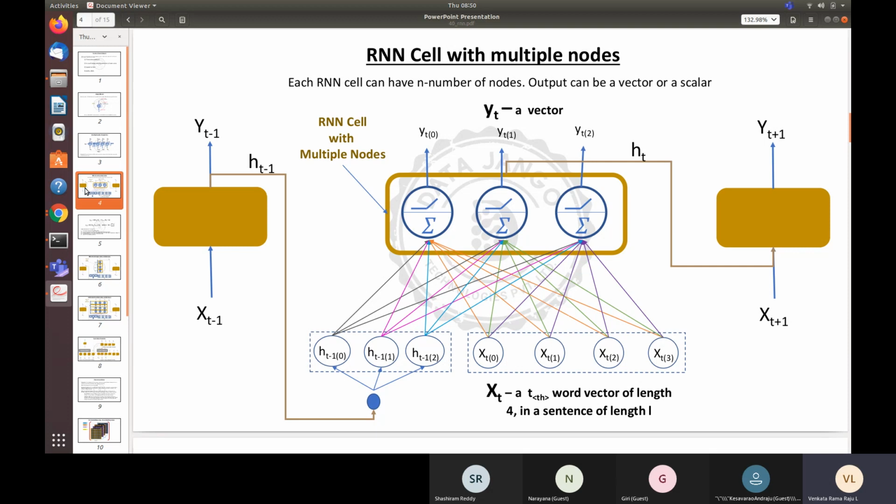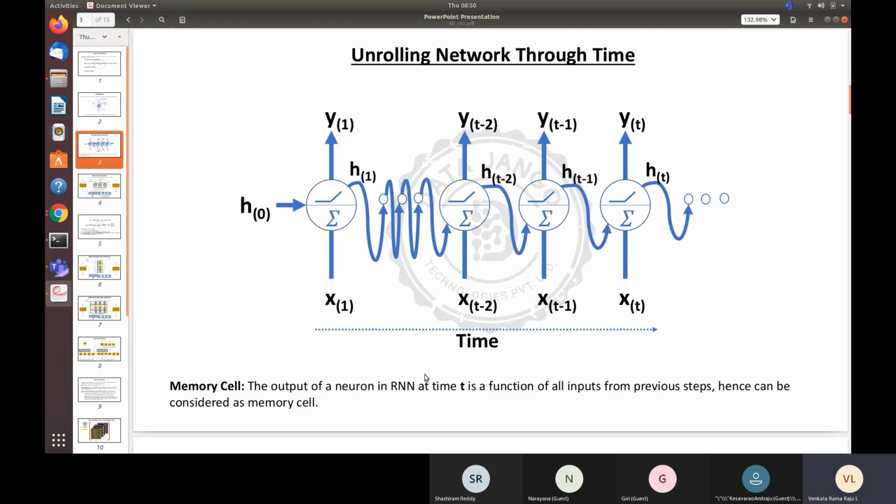Okay. So in a nutshell, there will be time steps from 1 to T. There may be n number of time steps in your data set.